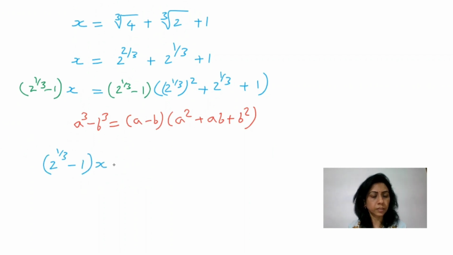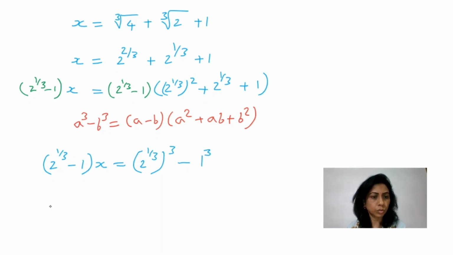x is equal to, and this whole thing, just like this, we can write a cube minus b cube, a value this 2 to the power 1 upon 3 cube, minus b value 1, so b cube means 1 cube.